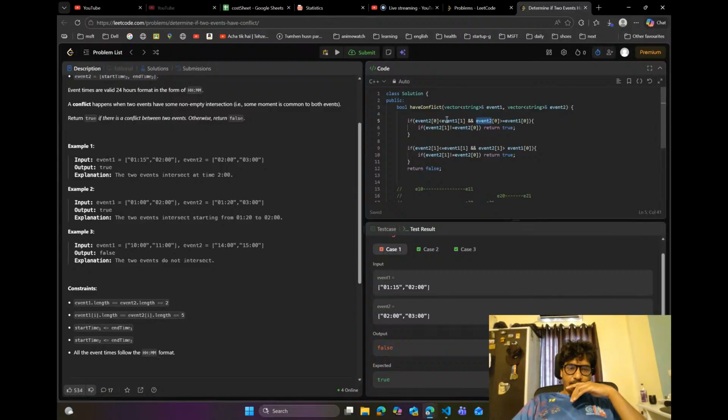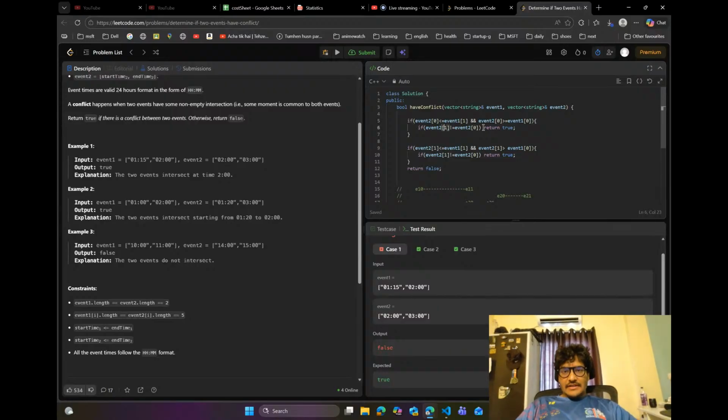How is it true? Okay, even the two thing is counted as intersection as long as they touch, it is an intersection.